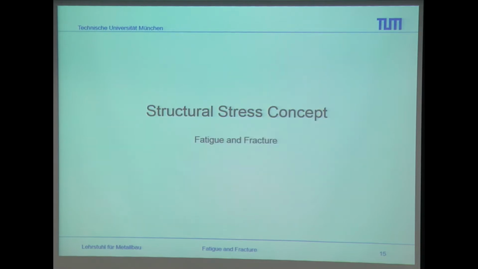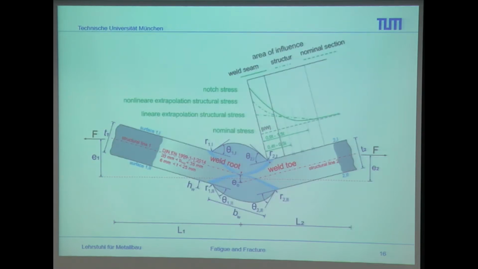This is why you have a nonlinear and a linear extrapolation: for a steeper gradient, you have to use the nonlinear. For a type A hotspot, you can go for linear or also for nonlinear, so there is no real benefit of either.